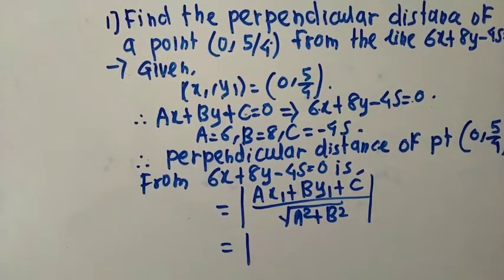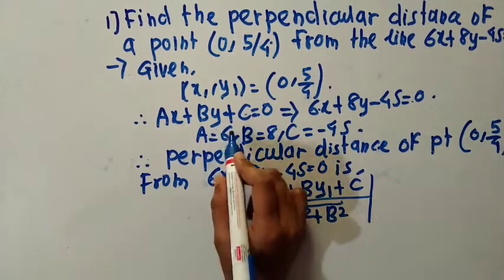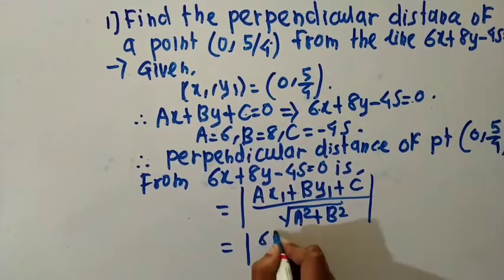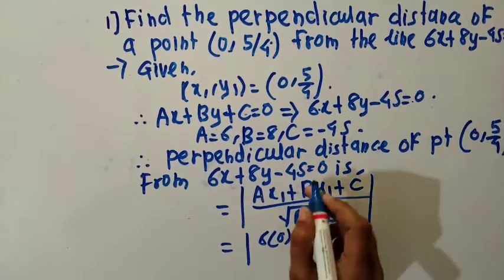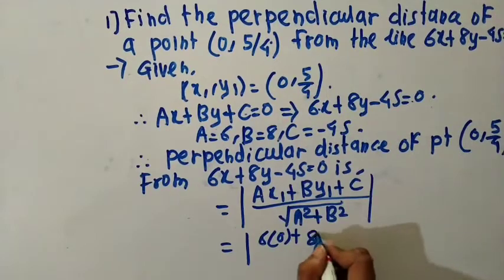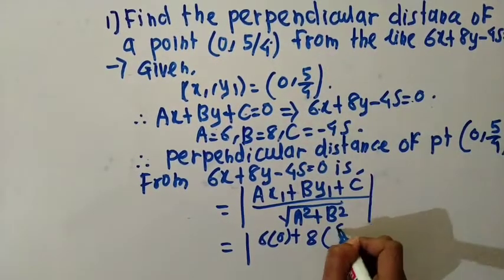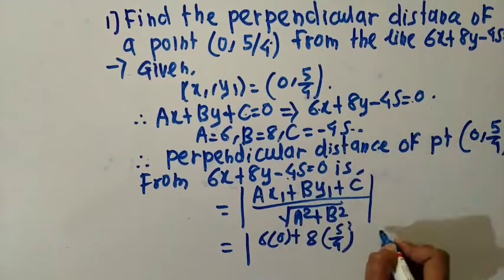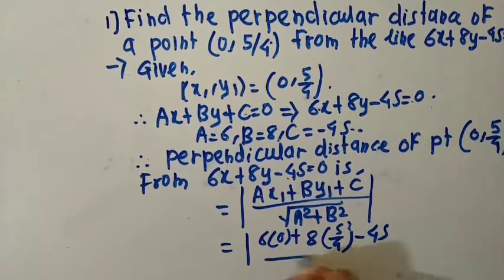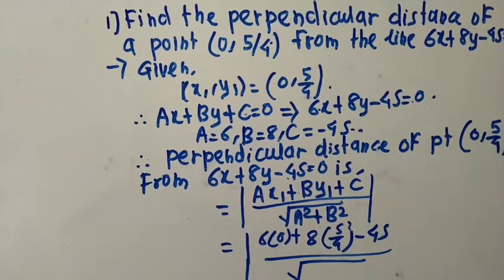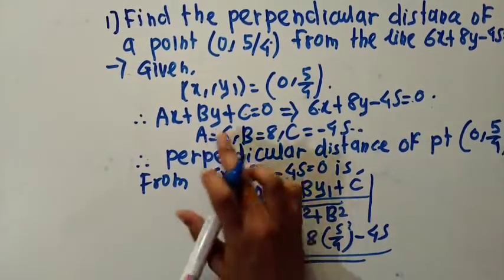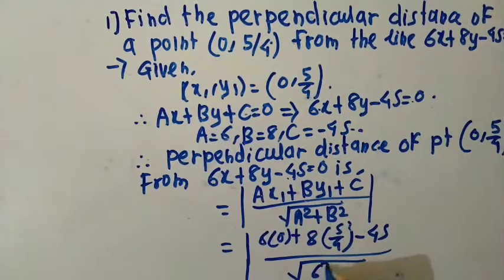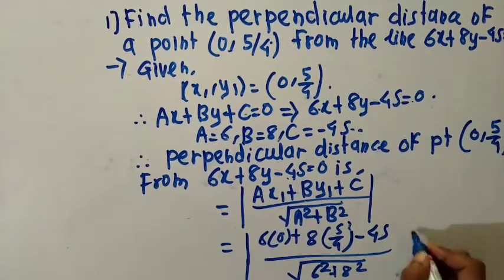Here we put the values: 6 into 0 plus 8 into 5/4 plus c, minus 45, upon root of 6 square plus 8 square.